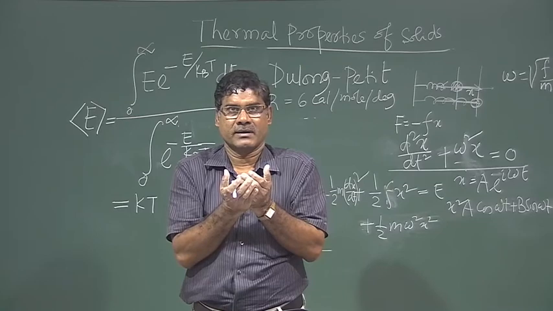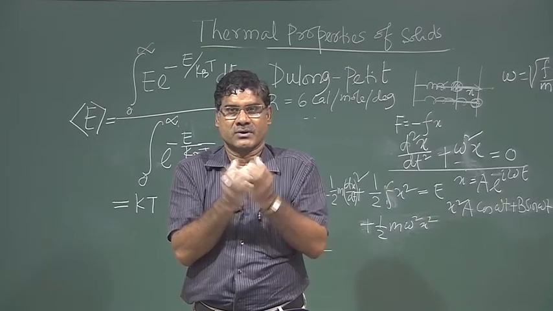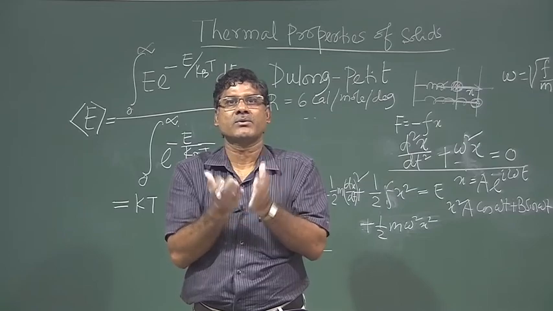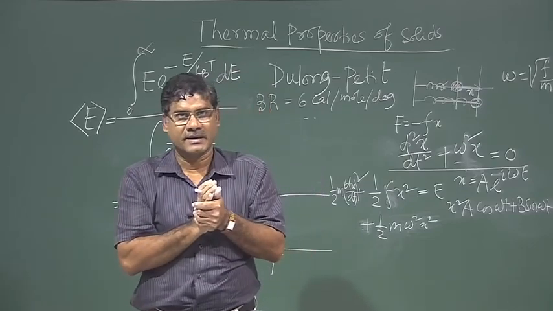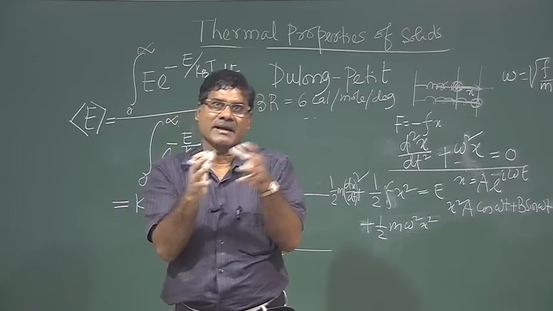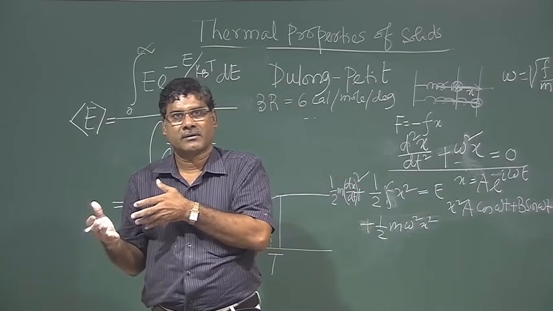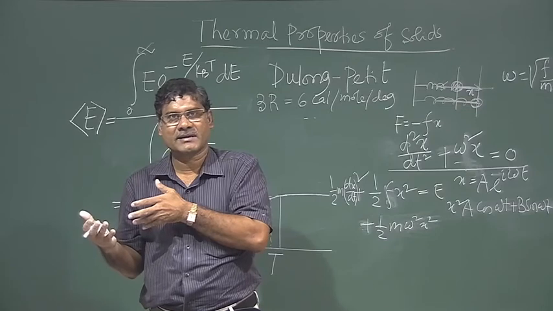okay. So, for 3 degrees of freedom, this energy is 3 by 2 kT for kinetic energy, and that is also for potential energy.